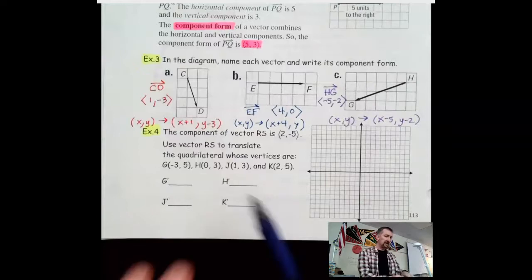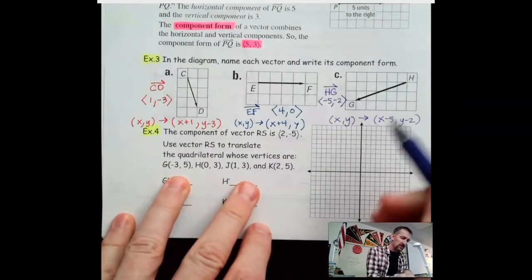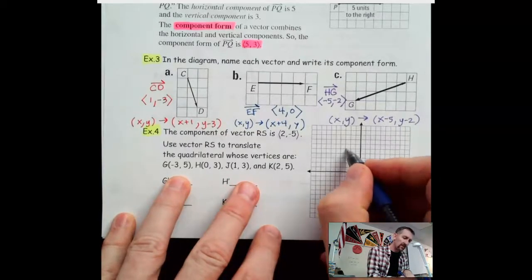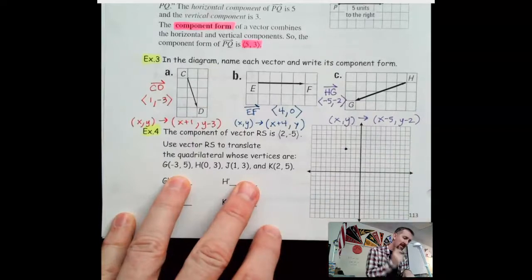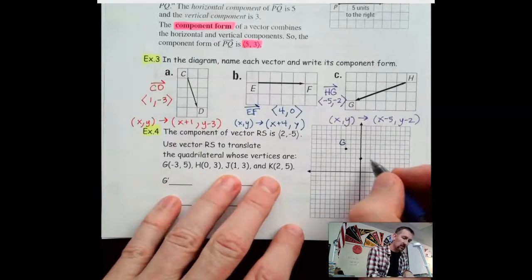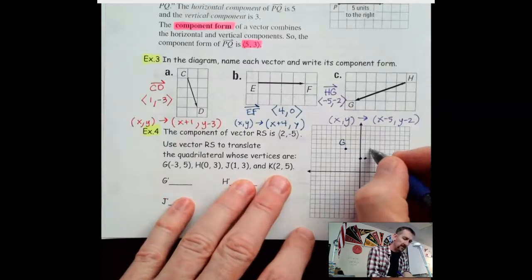So, again, let's put this down here. So 1, 2, 3, 1, 2, 3, 4, 5. That's G. 0, 3. That's H. 1, 3. That's J. 2, 5.